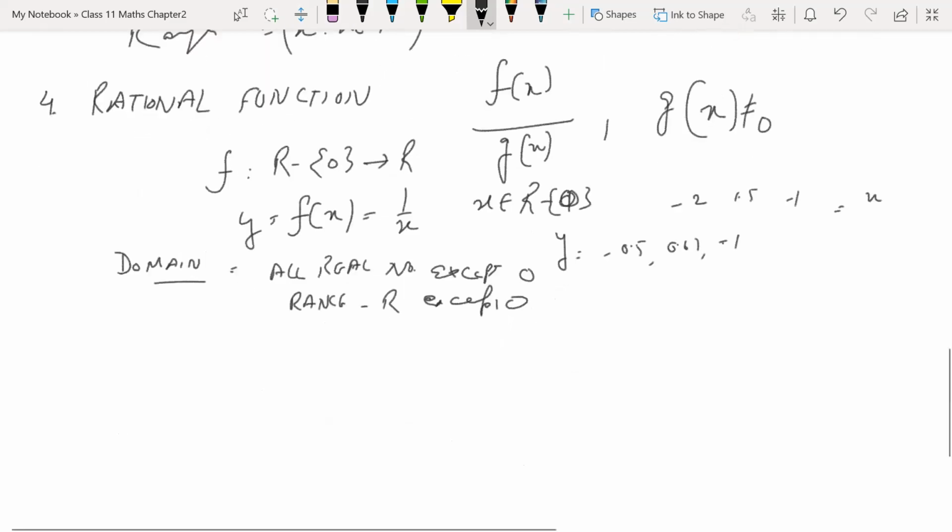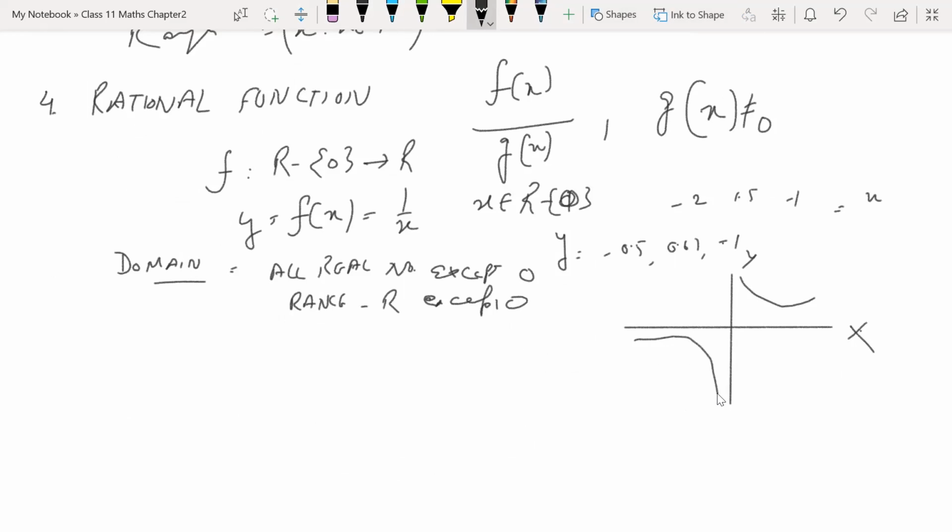So graphically you can represent this as x, y, like this. This is the y negative, this is the x negative, this is the x axis. So this is for f(x) is 1 by x.